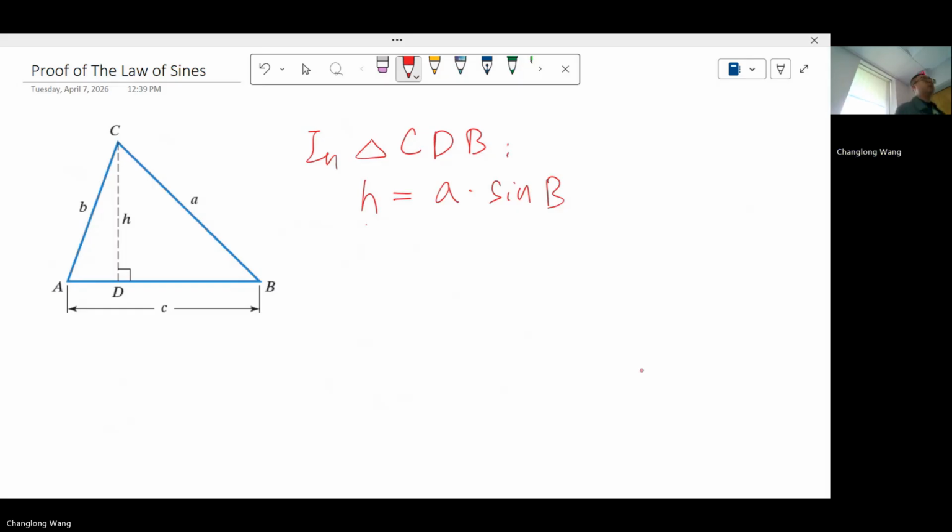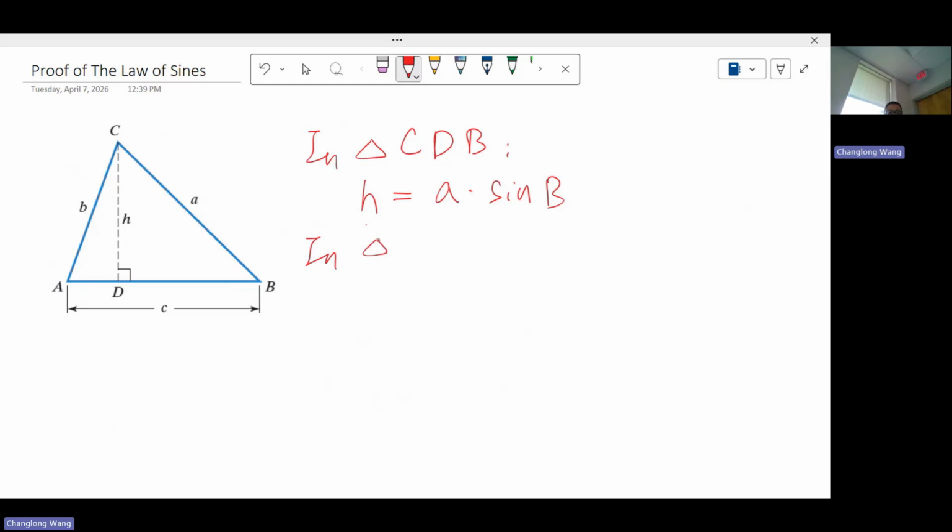Am I right? In a triangle CDB, the relation among the opposite, which is the height of the triangle, the hypotenuse, which is little a, and a corresponding angle B, right? That's basically the definition of a sine.